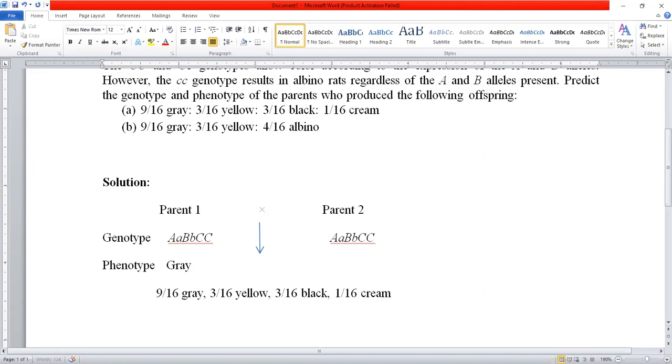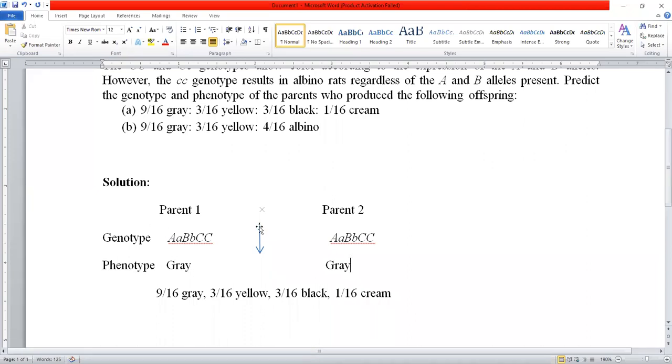Similarly, the phenotype of parent 2 is also gray, because the genotype is capital A, capital B, small b, capital C, capital C. So this was our problem: what is the genotype and phenotype of the parents. We have determined both.